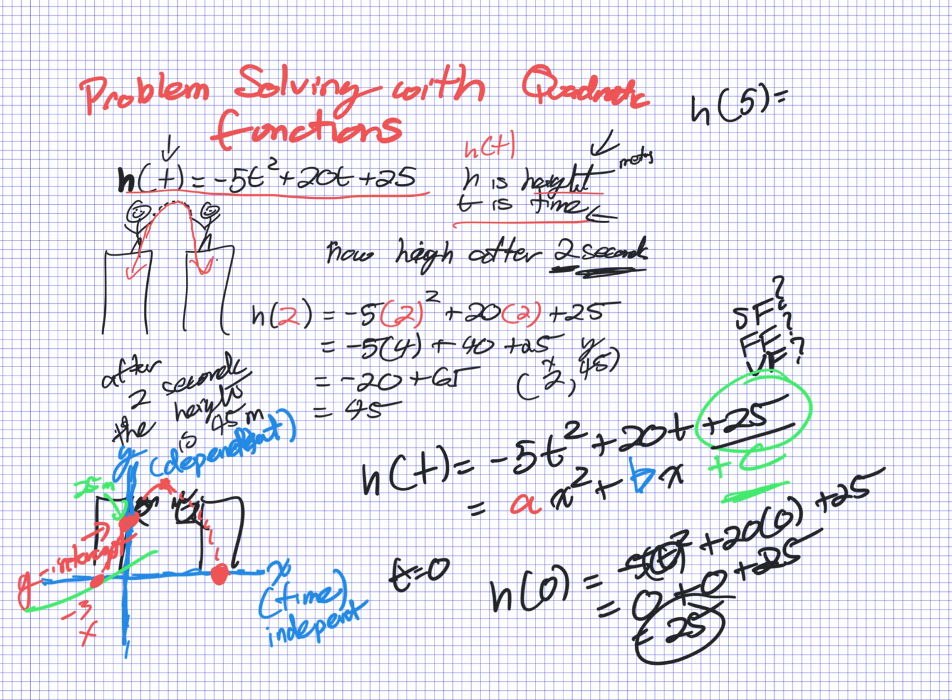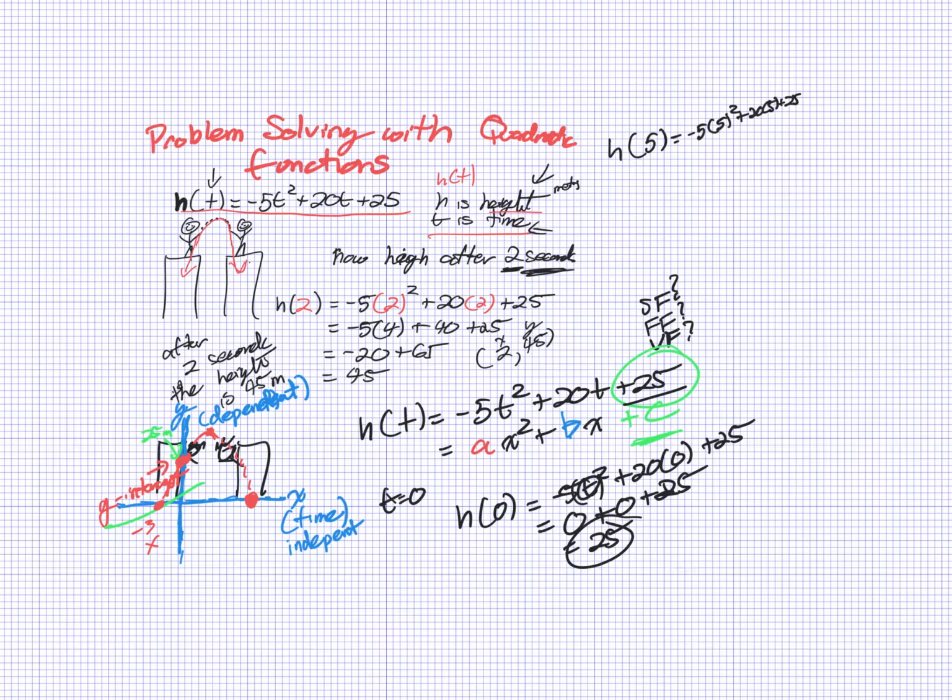So when the time is 5, that gives us negative 5 times 5 squared plus 20 times 5. Sorry, I could really expand this page here. That's a little better. And we're left with negative 5 times 25 plus 100 plus 25.